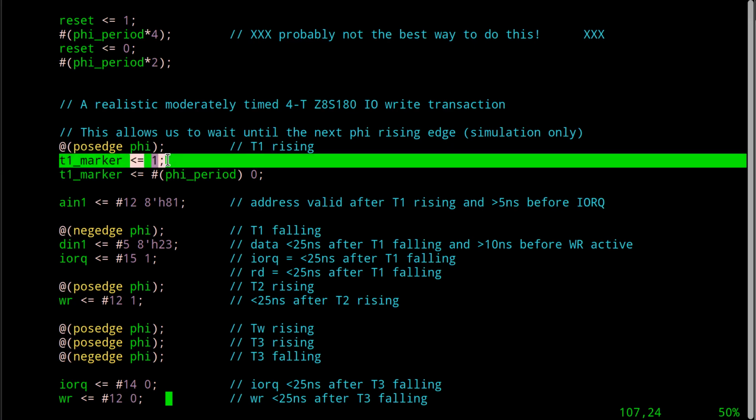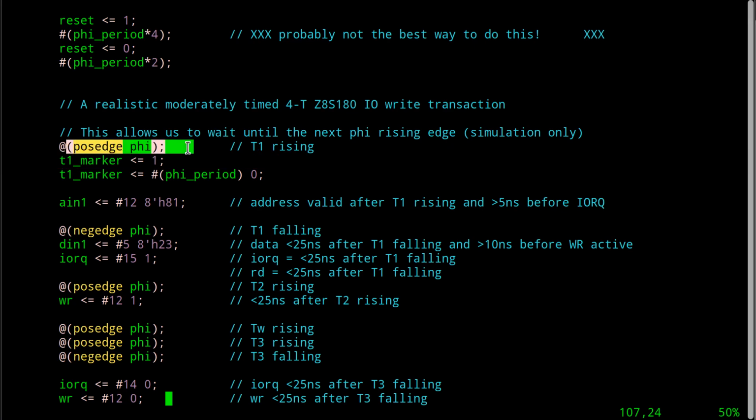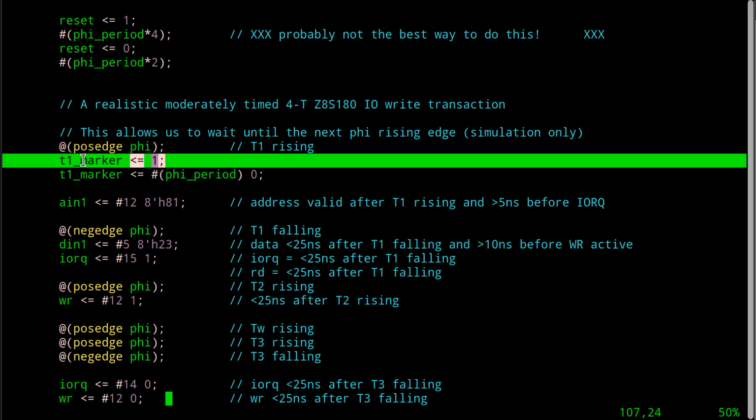If I do it like this, after the phi clock has risen, then it happens at the end of the time period. I mean, if that's what I really want, and this is really what I want in this scenario, all these signals should go and become their active states in a synchronous fashion so that all the other modules can count on the fact that the values are consistent, even if all the always blocks run in random order, which is what you get with a simulation in Verilog.